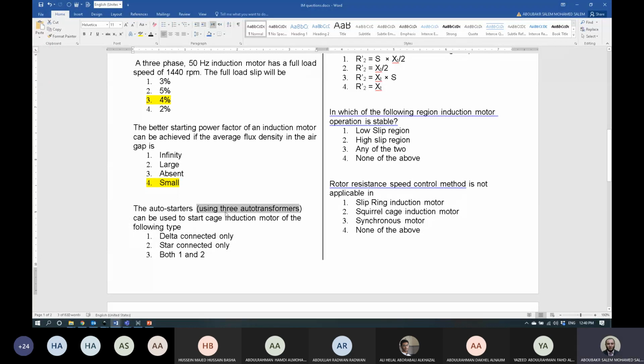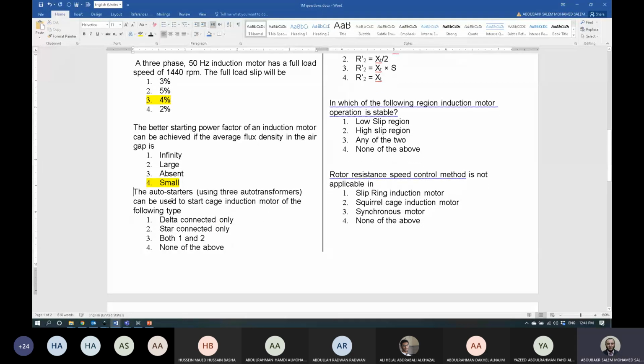So the auto starter using 3-phase auto transformer can be used to start cage induction motor of the following type: delta connected only, star connected only, both 1 and 2, and none of the above.